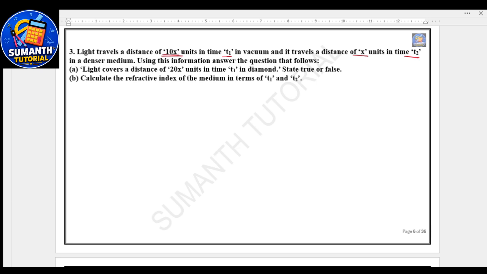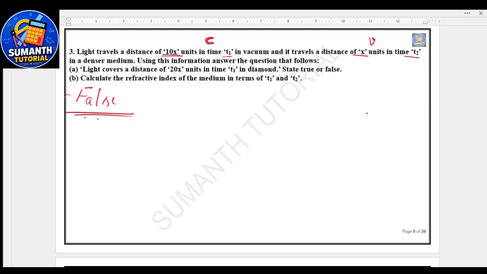Vacuum in the sense, this is C and this is any medium, that is V. Then the question is, light covers a distance of 20x units in the time t1 in diamond. Is this statement true or false? Answer is false. Obviously it is false.